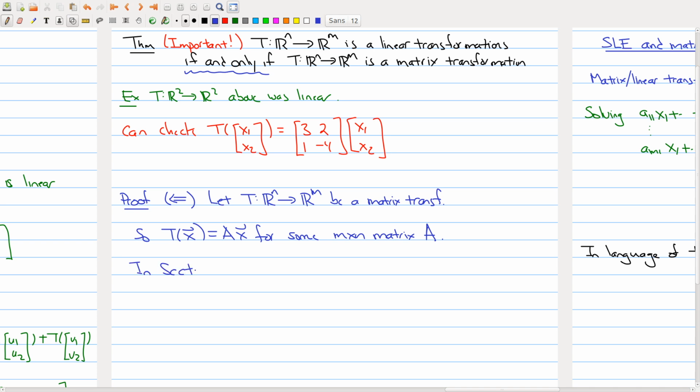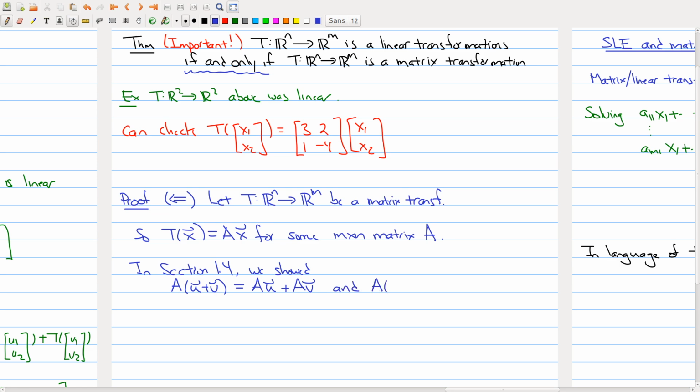Now, in section 1.4, and I can't remember if this is lecture 4 or 5, we showed that multiplying a matrix by a vector has the following properties. If you take a matrix and two vectors and you first sum them and then multiply by A, that's the same thing as taking A times u and adding it to A times v.